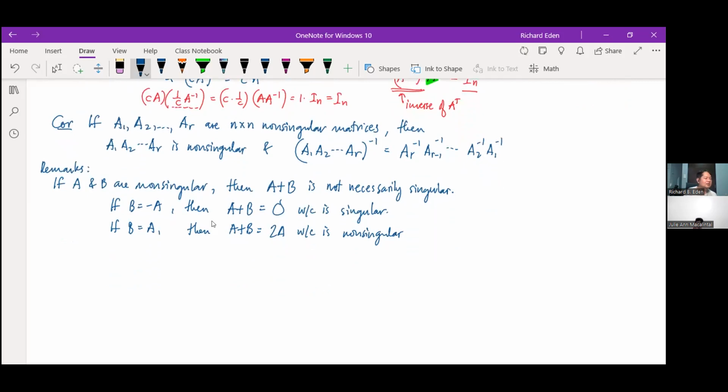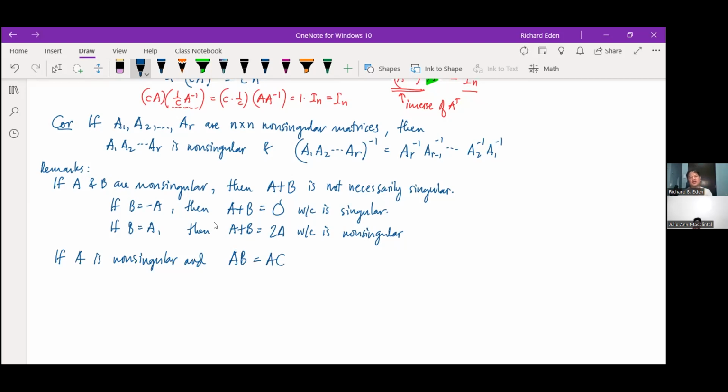Now, what is the implication as well? What if we have the following? If A is non-singular, and suppose that AB is equal to AC.